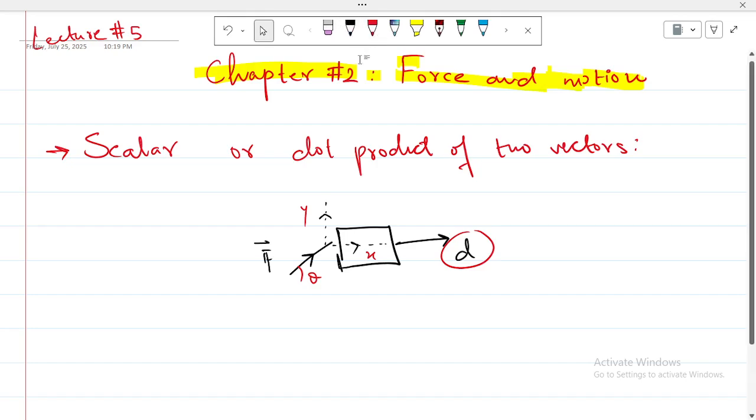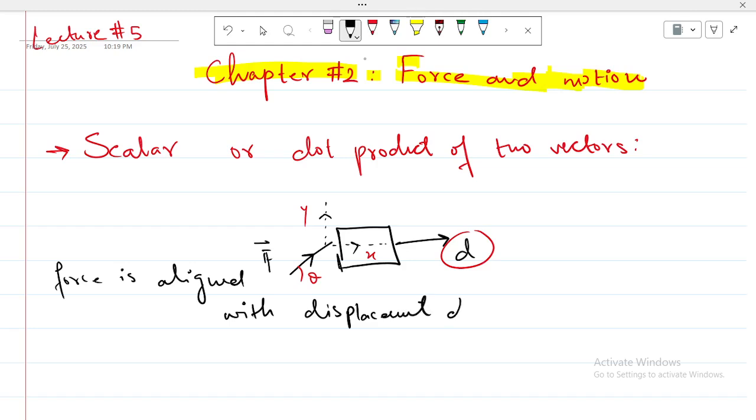So what really happens here is that we're trying to find out how much of the force is aligned with the displacement, or the direction of the displacement.